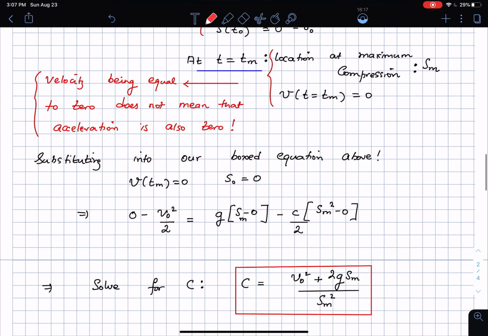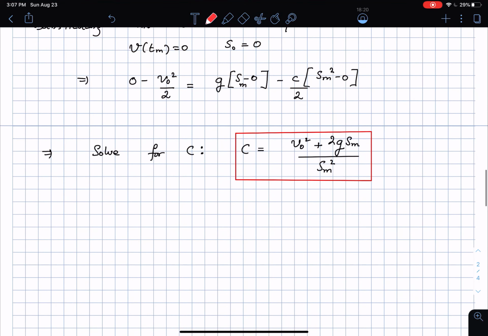And eventually here we have obtained C as a function of the variables of the problem, which are V naught, Sm, and G. All right, thank you very much.